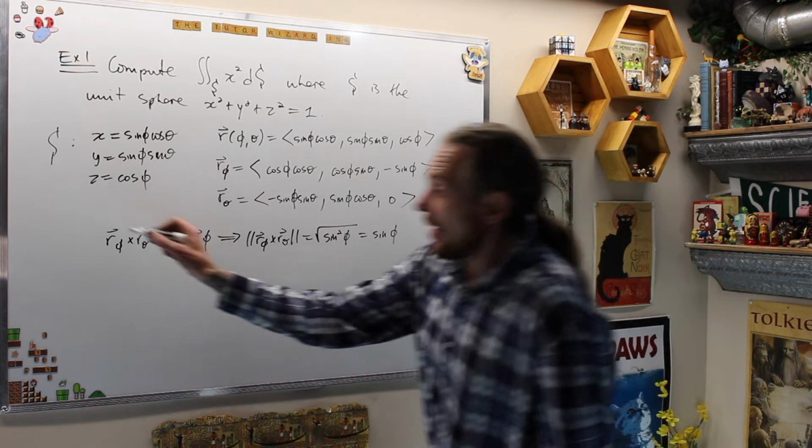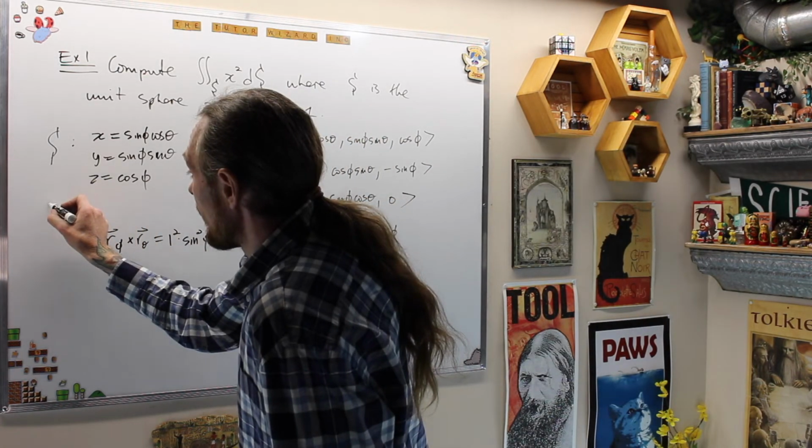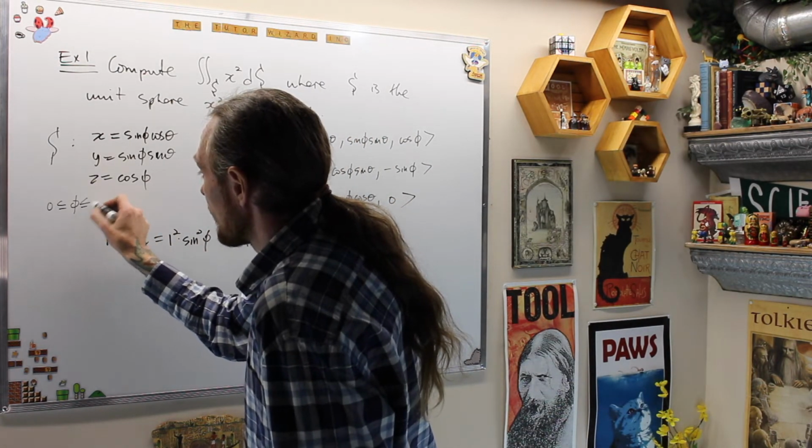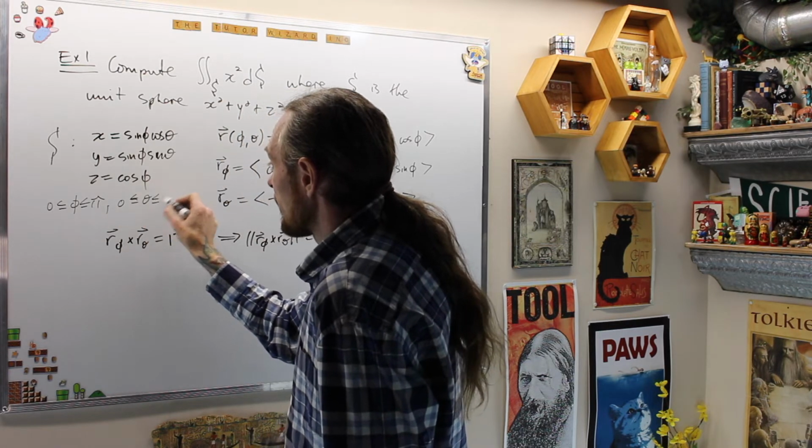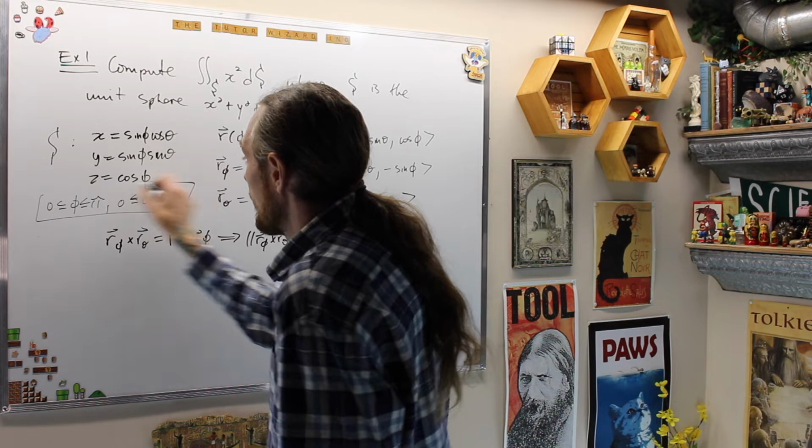When we look at this, we have that 0 is less than or equal to phi is less than or equal to pi, and 0 is less than or equal to theta is less than or equal to 2 pi.